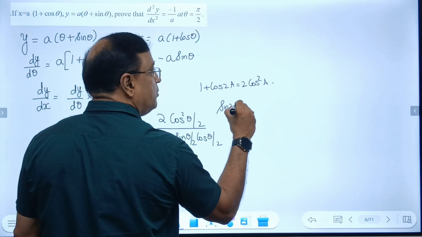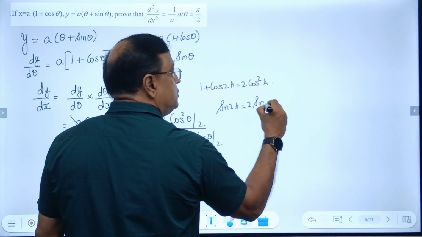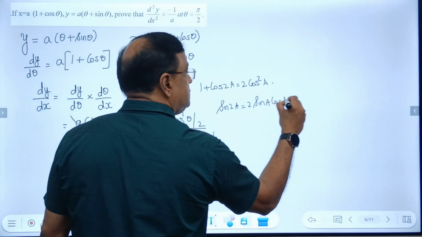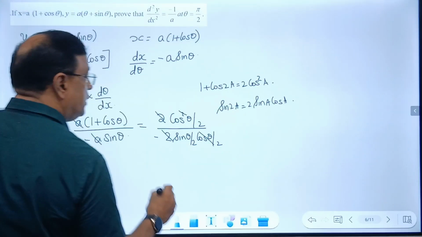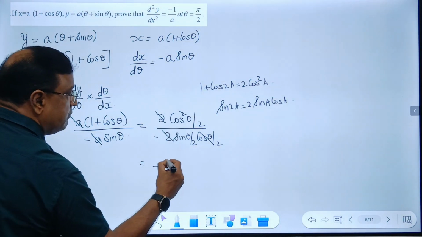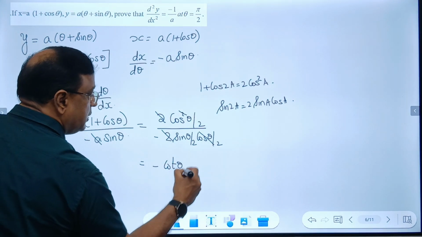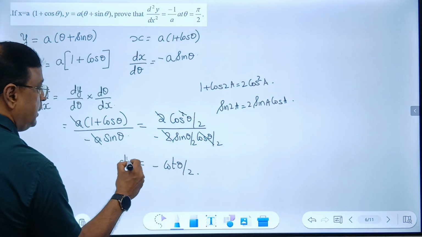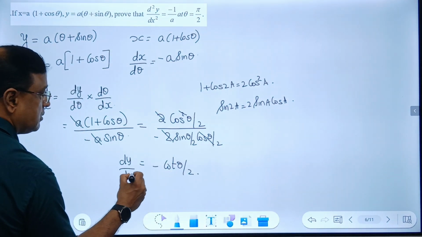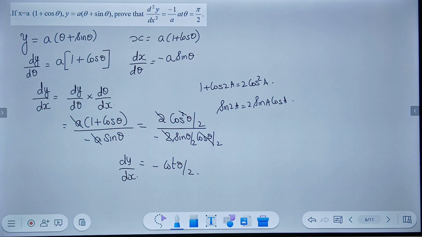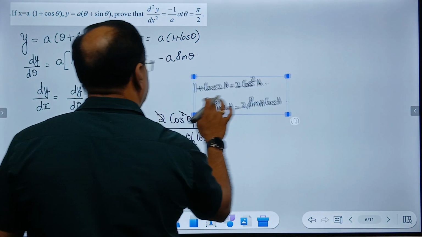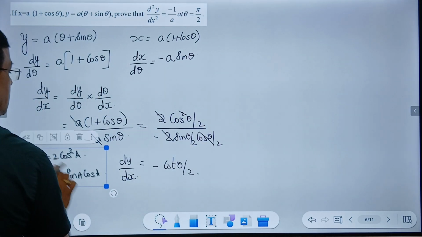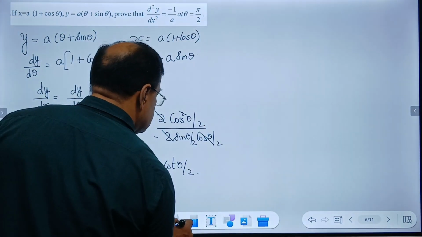What is the sine 2a formula? 2 sine a cos a. Now clearly 2 gets cancelled, cos gets cancelled. So what you are left with? Cos by sine will be minus cot theta by 2. This is my dy by dx. I hope this is clear to you. I need this space, so I'll just keep the formula here. Okay. This is your dy by dx.